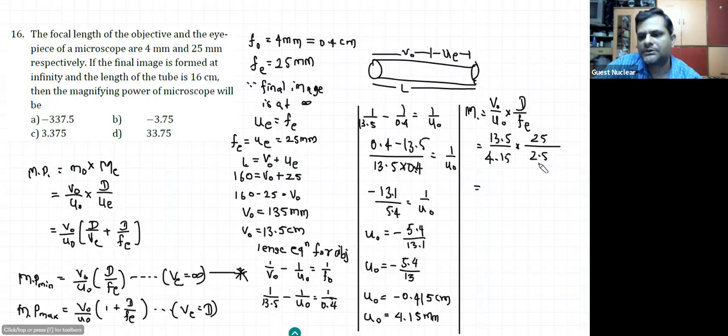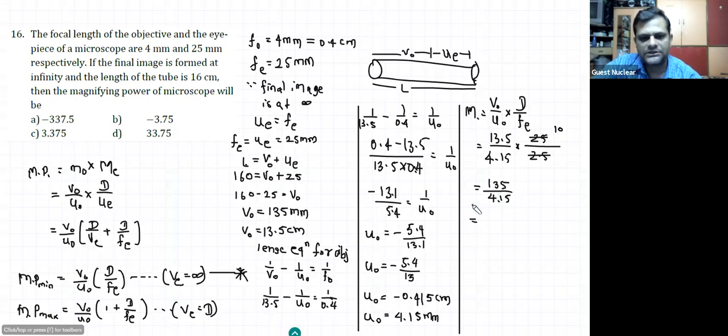And then if we cancel this 25, then 10 will be left here, and if we multiply this by 10, it becomes 135 actually. So this 135 divided by 4.15 comes out to be, if we divide by 4 also, approximately how much will it come, see. 33. Yes, the answer will be around 33, 33.75 no doubt.